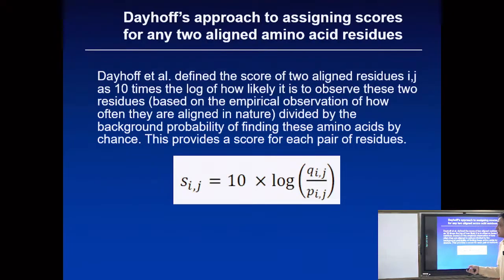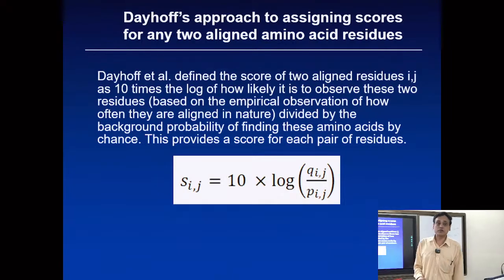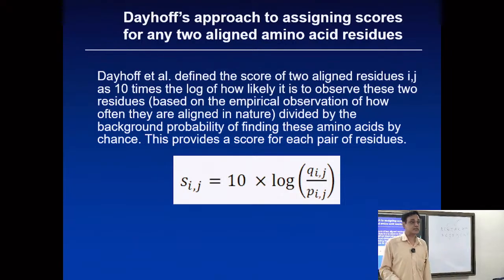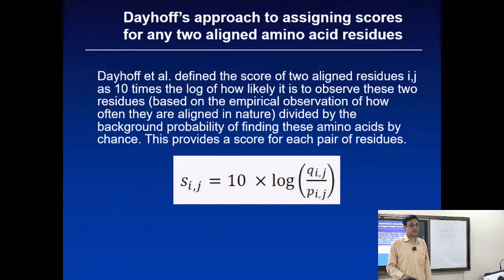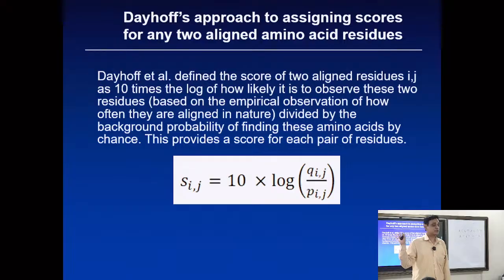On the other hand, Pij is the probability that residues I and J are aligned against each other just by random chance. That's why this is called the odds ratio. What is in parenthesis is called the odds ratio: the probability of two residues aligned against each other due to relatedness relative to just by random chance.